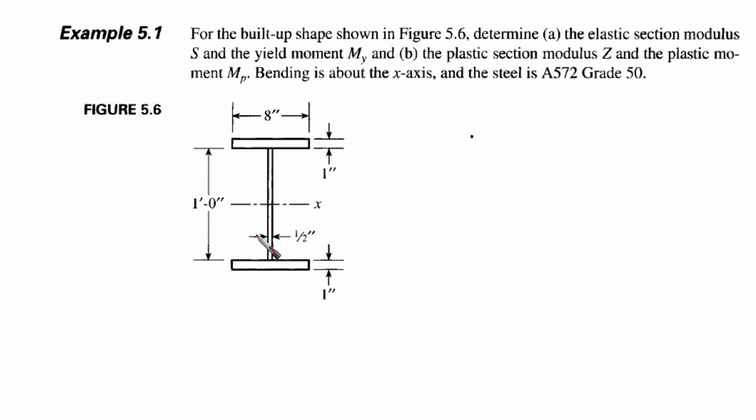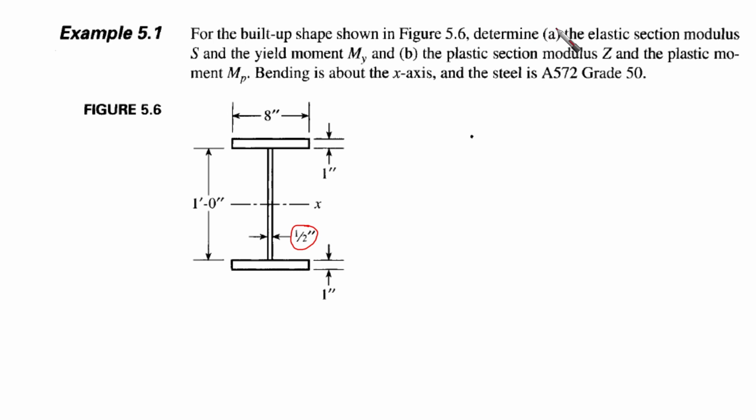So we are going to have a built-up shape. For the built-up shape shown in this figure, we have a web width of 1/2 inch, a height of 1 foot, and the width of the flange is 8 inches, and the thickness is 1 inch.